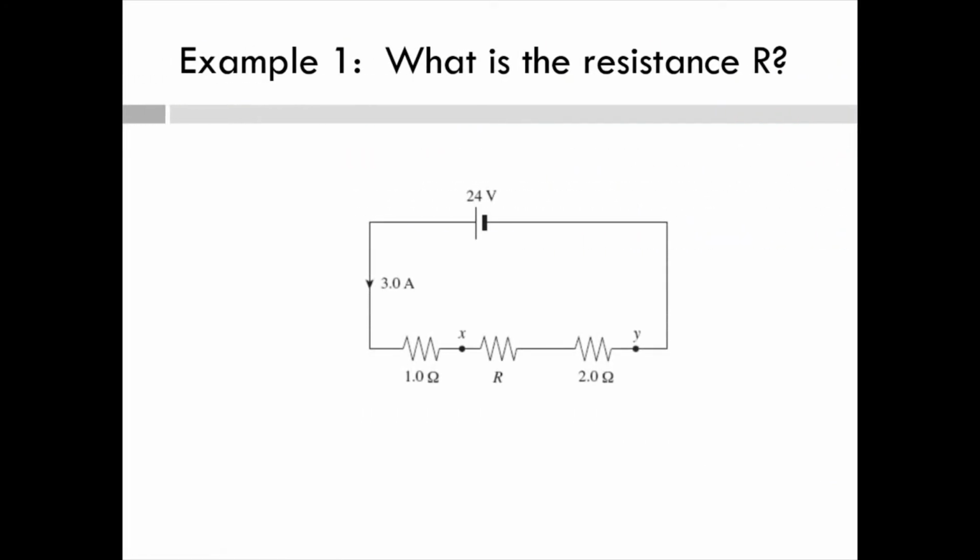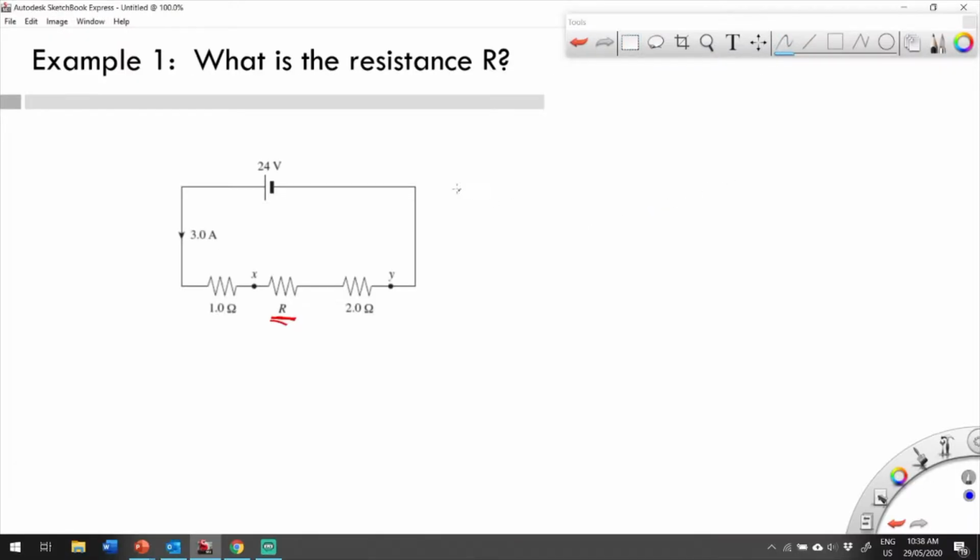Here's a simple series circuit with only one path, and it's asking us to calculate what is the resistance in this unknown resistor. Kirchhoff's voltage rule states the following. The terminal voltage of the battery must equal the voltage at each component. We have 3 components.